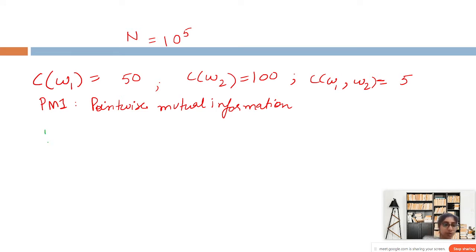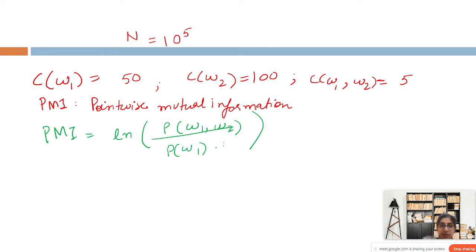So what is the formula for PMI? That is ln, natural log I will take, of the probability of both the words appearing together upon the probability of the first word times the probability of the second word. Am I given the probability here? I'm not given the probability here, but I can find it.